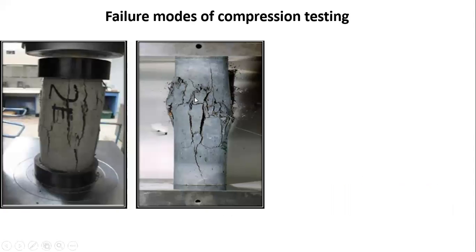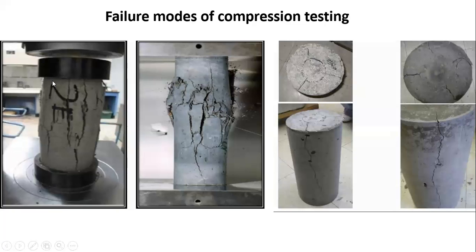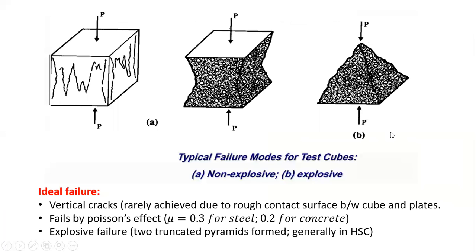Now these are the different shapes of the cracks during compression testing. Vertical cracks are there. We have some bulging here. We have this type of cracks. Here we have vertical cracks. Now suppose you test your cubes here. Basically these are the failures in the cubes.